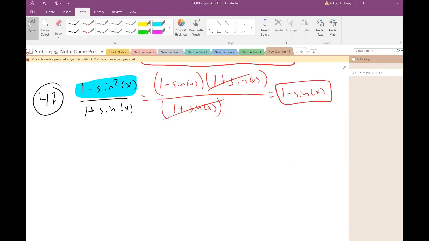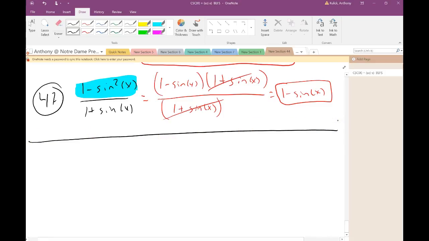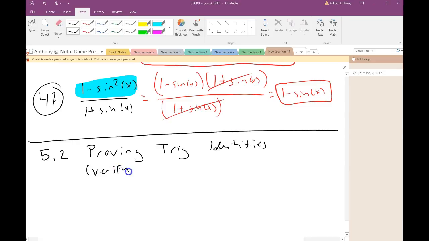What we're going to talk about today corresponds to section 5.2, and this is proving trig identities. Sometimes we use the word verify instead of prove.